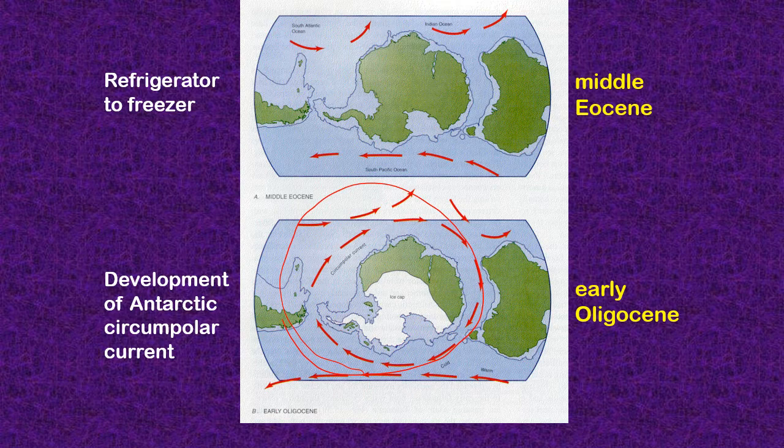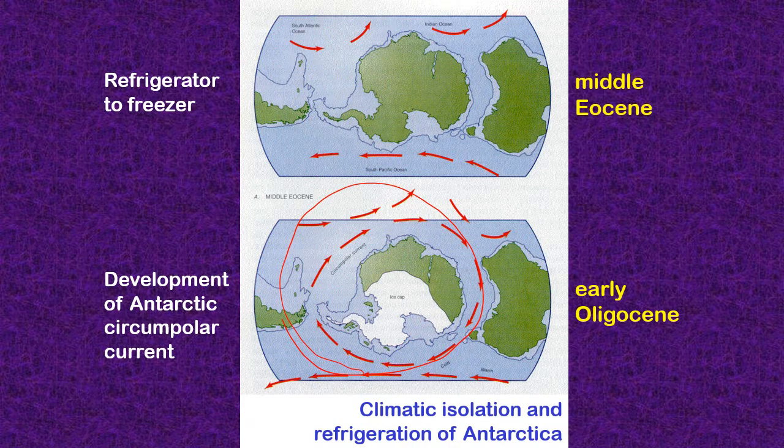So Antarctica, because of the separation of these continents, we change ocean currents and it goes from a refrigerator to a freezer. We call this the climatic isolation and refrigeration of Antarctica. So Antarctica's had ice on it since the Oligocene.